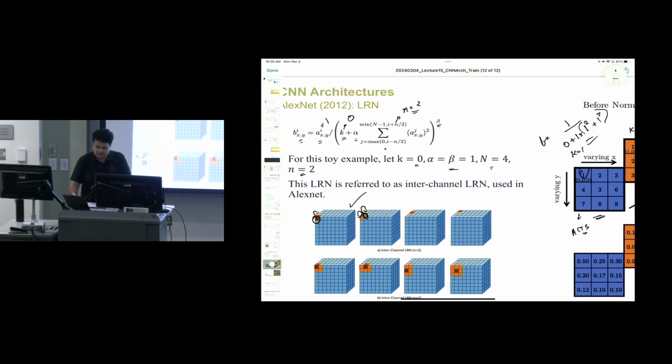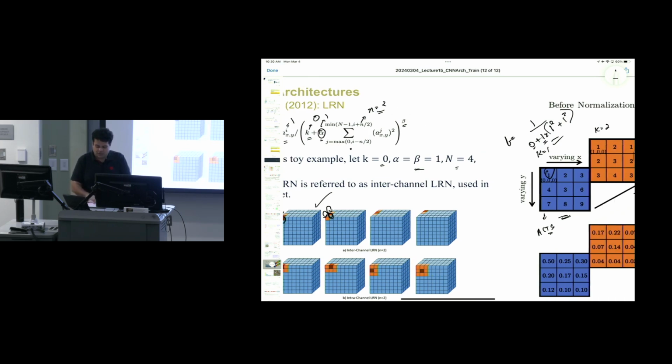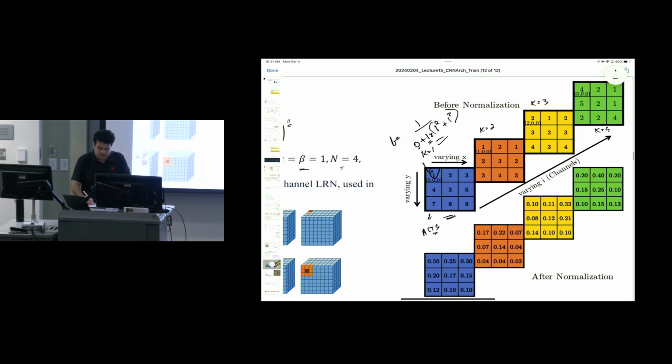K is 0 that you see here, then 1 multiplied by this 1, alpha here is 1, which I've shown here, multiplied by 1 square plus 1 square, this is the 1 square and this is the 1 square, which gives me 0.5 as my answer to that normalization block.